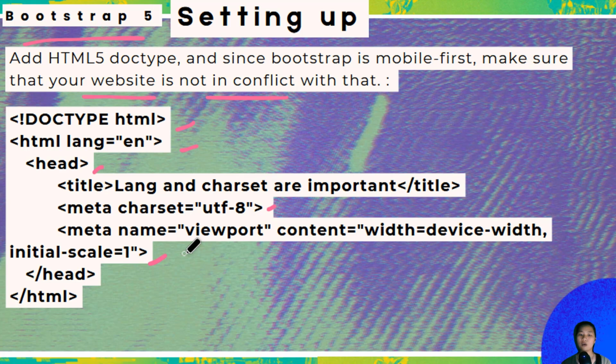If it's a laptop, it'll be responsive to that. So, it's very simple. Initial scale is 1. This is the initial zoom level being 1 when the website first loads up in your browser. You may be familiar with it as 100%.